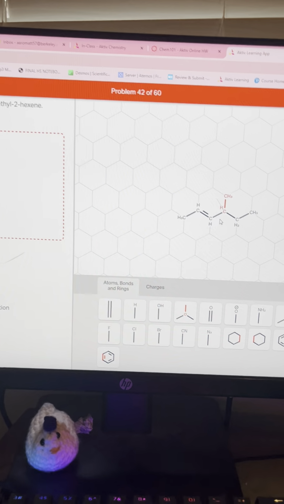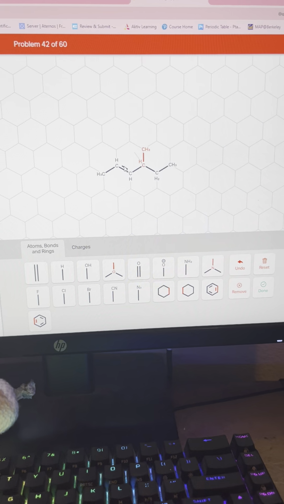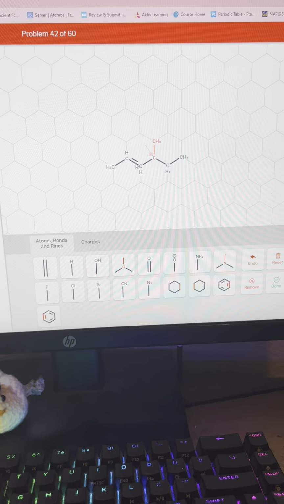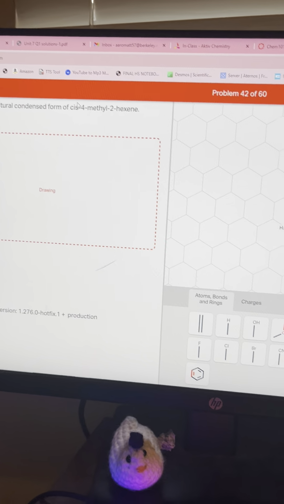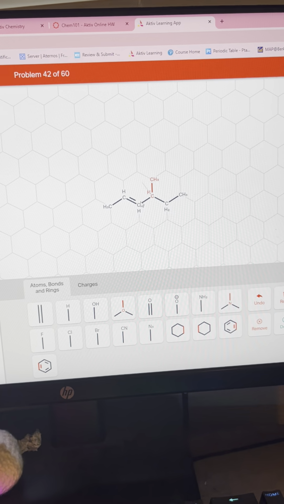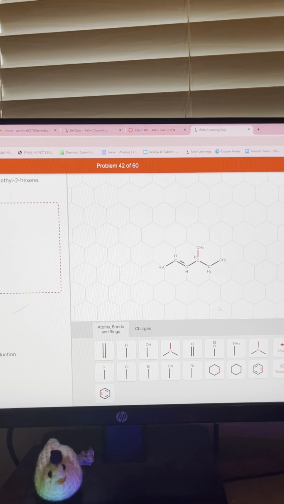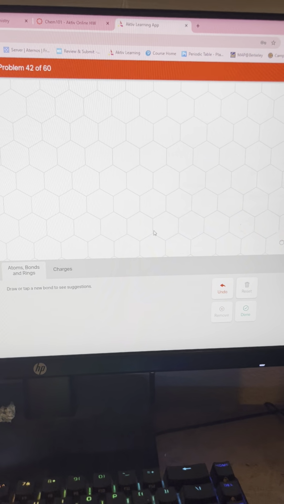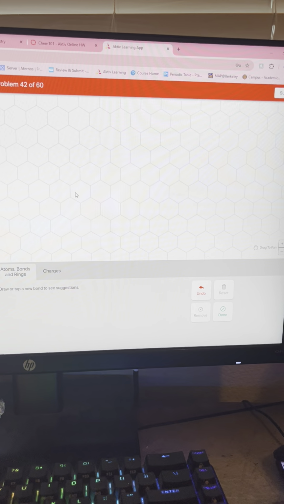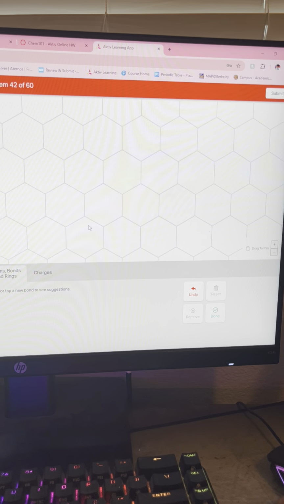However, what this is telling us is that these 2 hydrogens on the double bond, since it's cis, remember cis is same side. So these 2 hydrogens have to be on the same side. But this one's on top, this one's on bottom. That can't be right. So reset, we do this all over again. We have to structure it in a way where the 2 hydrogens are on top.